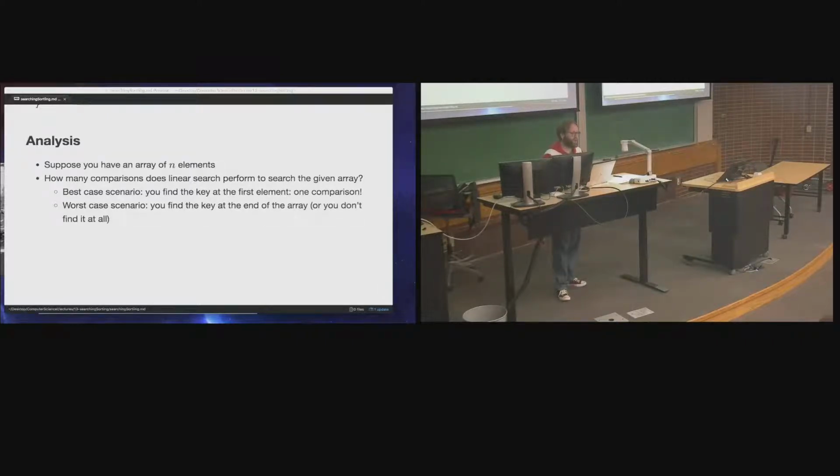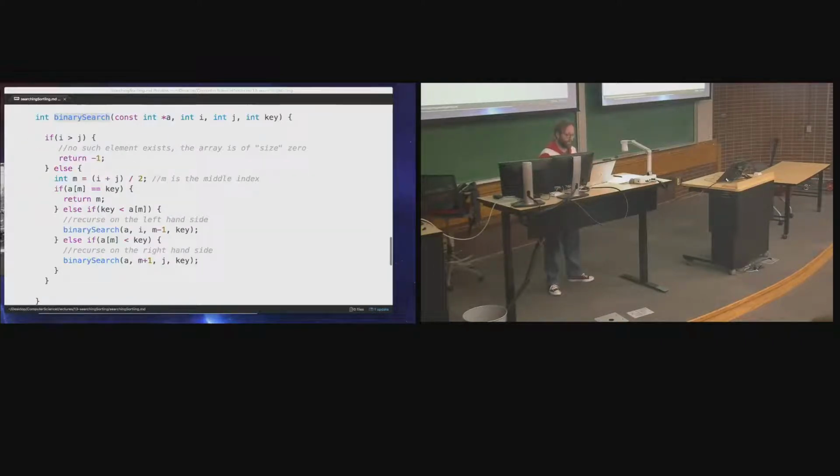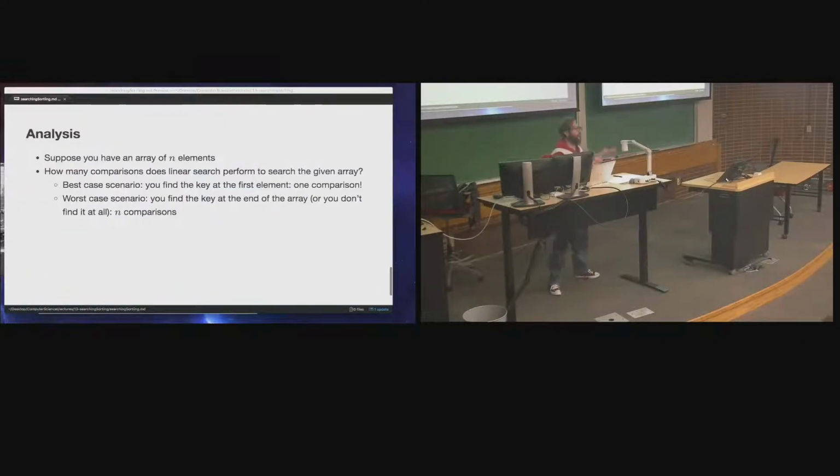You exhaustively searched the entire array and never found it. How many comparisons in that case? N comparisons. If you've got n elements and you need to compare this key to every single one of them, one comparison each, you need to make n comparisons.